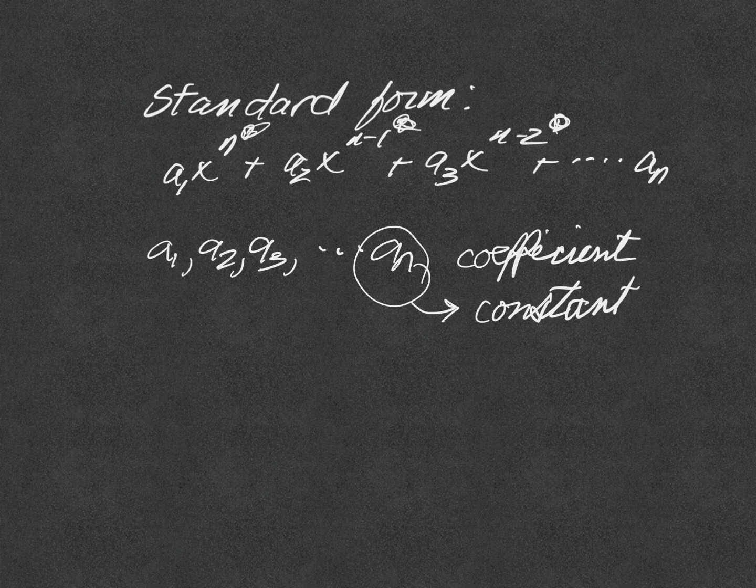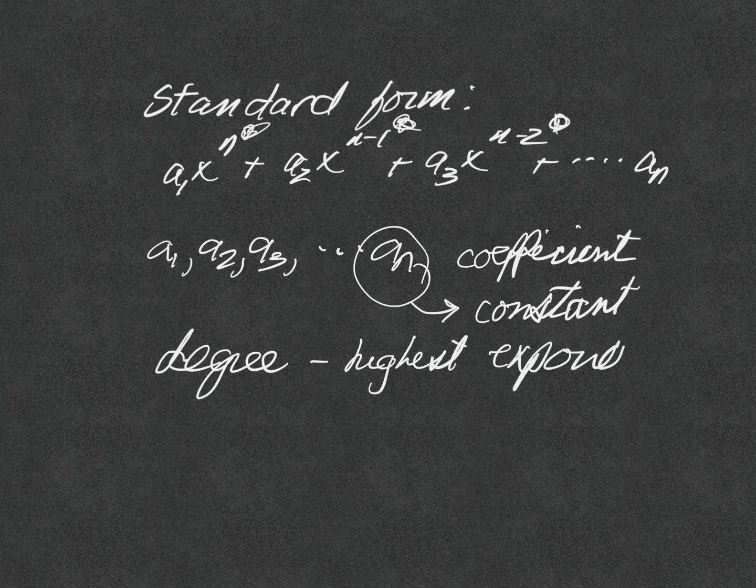Now, one more thing: the degree of a polynomial is the highest exponent. So if we have something like 15 with no variable term, the degree of a constant polynomial is 0.